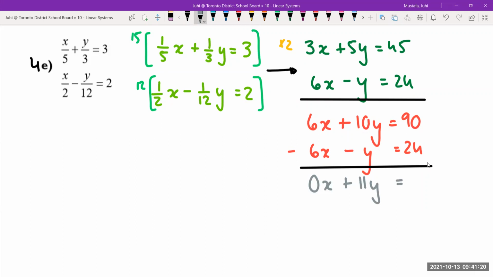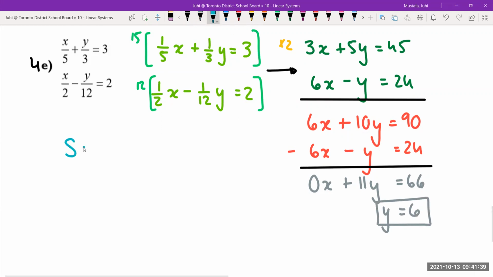And 90 minus 24 is going to give me 66. Yeah, positive 66. Right? And so when I divide them, I get y is equal to 6.